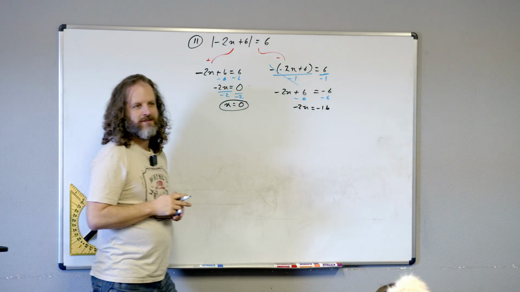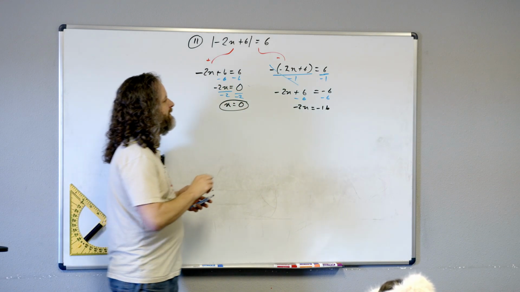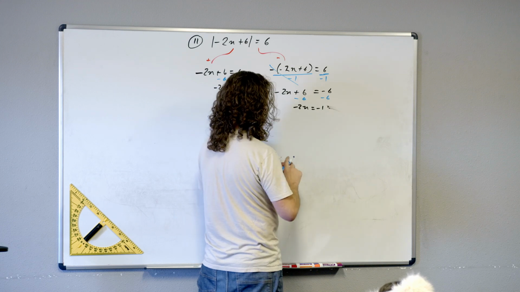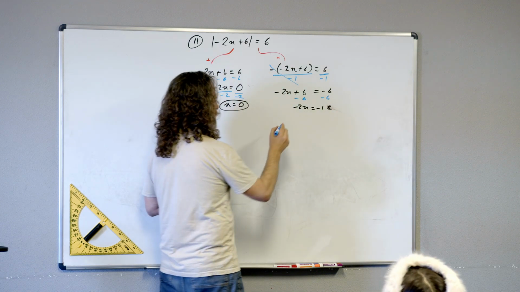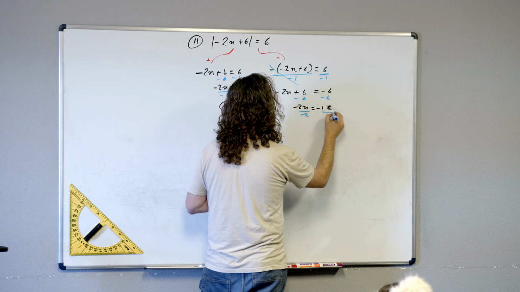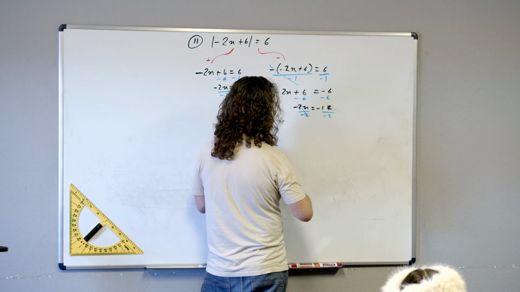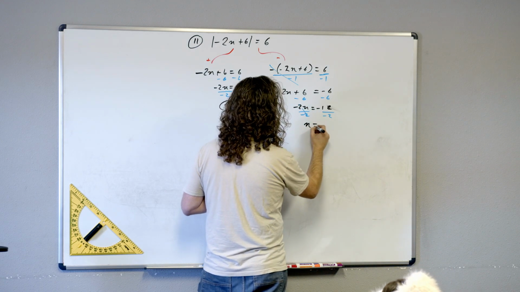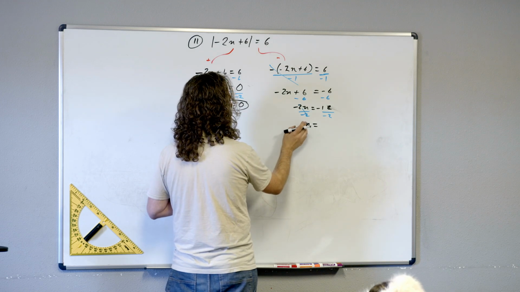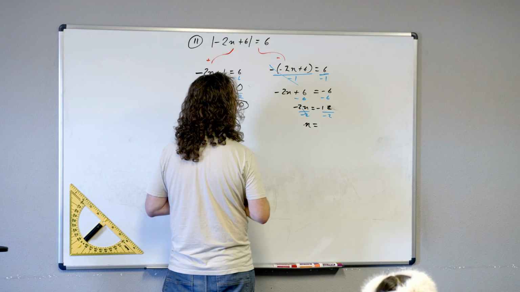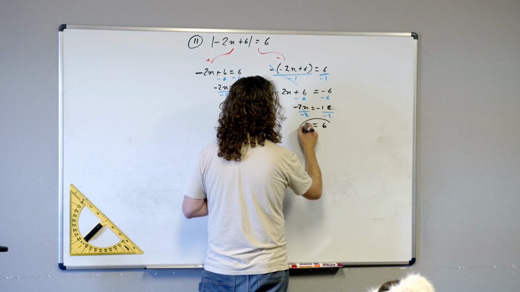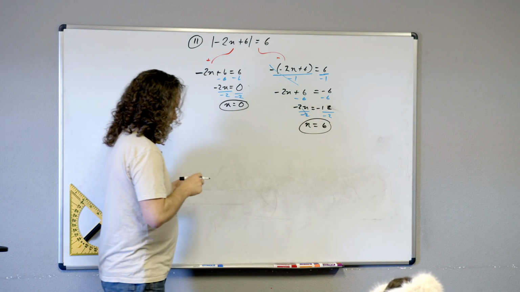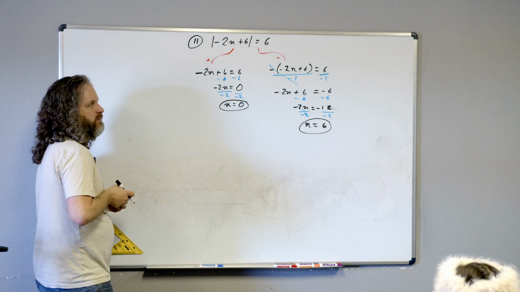Now what would we do? Divide the negative 2 off. So n would equal what? Positive 6. Any questions on that problem?